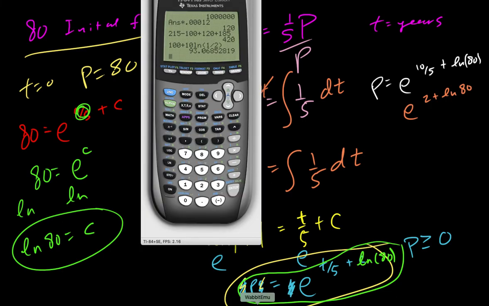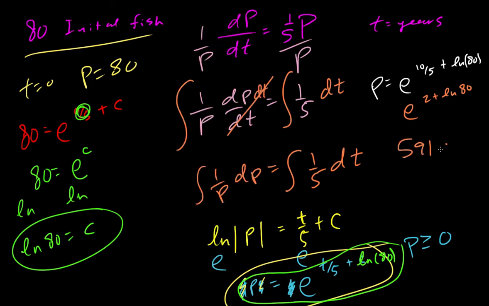And so we just go to our calculator. e to the 2 plus natural log 80. And we end up with 591 salmon after 10 years.